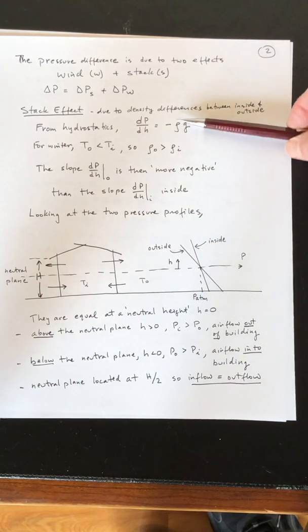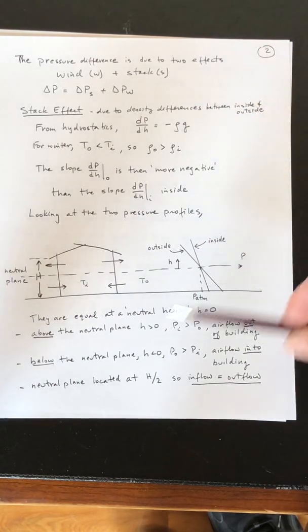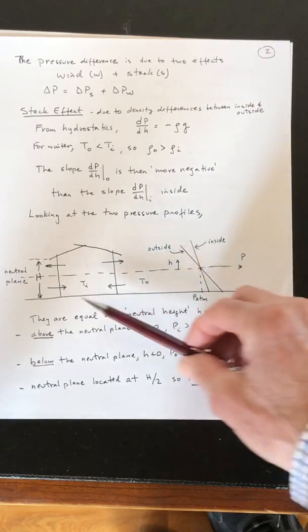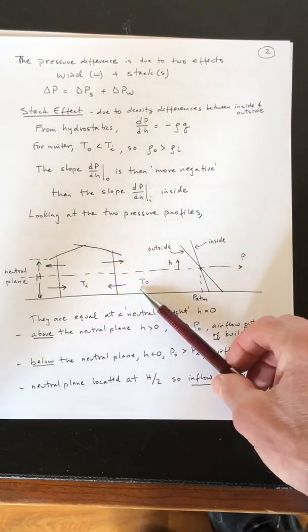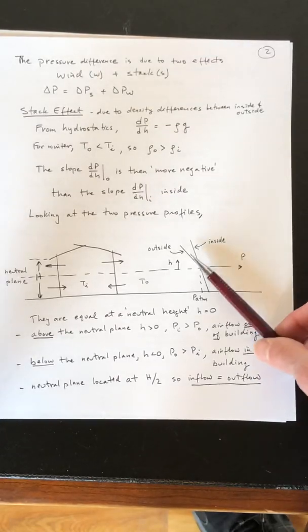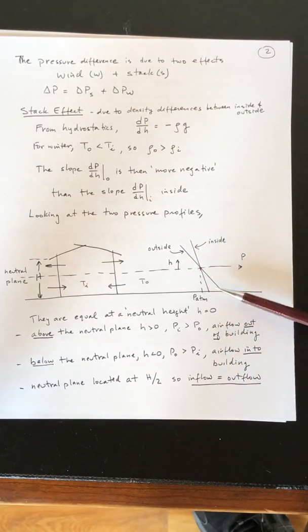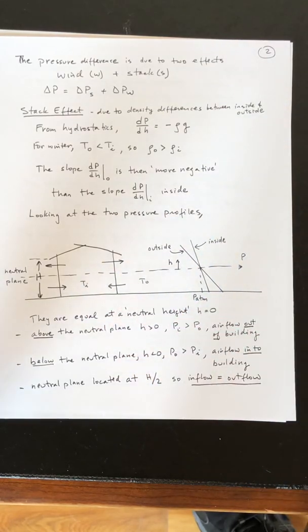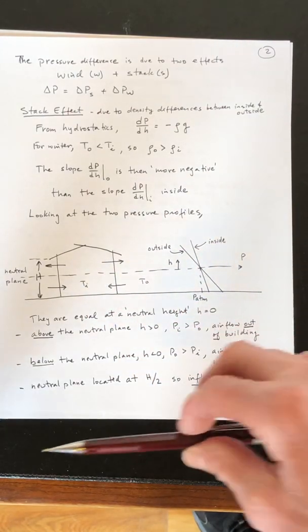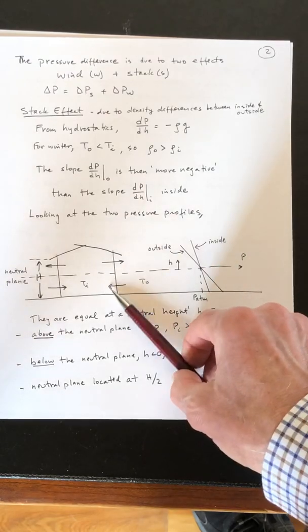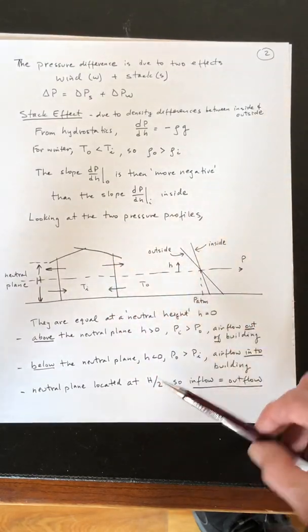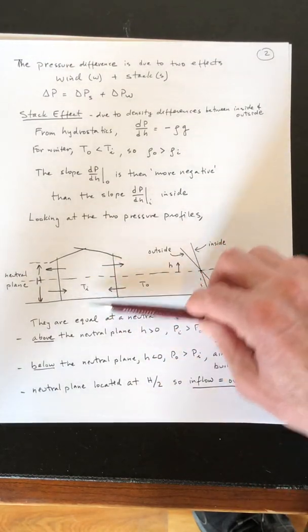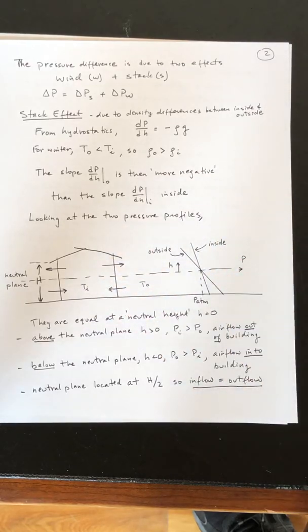So again, it's just the hydrostatic equation, assuming density differences between inside and outside due to the temperature differences. That creates a slope difference, which creates a pressure difference. And again, in a building, continuity always says whatever comes in, something else has to leave. So you always have to have a balance. So in this building, air is coming in below and leaving at the top.